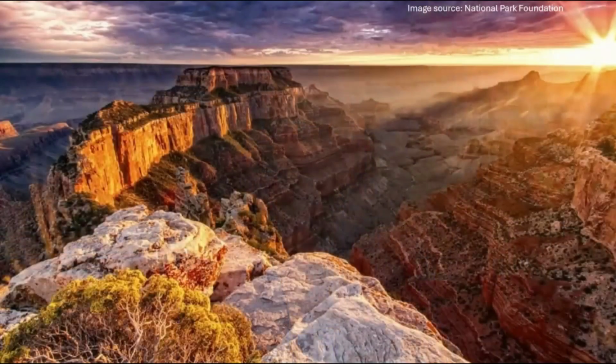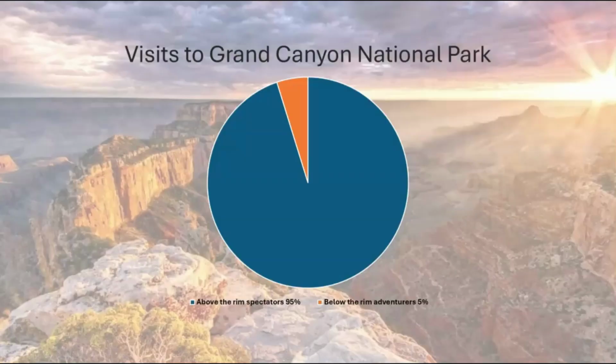You may be asking yourself, do I really need to know this? And also, what in the world does a picture of the Grand Canyon have to do with this? Well, the obvious answer to the first question is yes, of course you need to know this. But there's another reason. Let me explain. When I was planning a family vacation to the Grand Canyon, I found out that of the 4.5 to 5 million visitors that go to the Grand Canyon every year, only 5% venture below the rim.